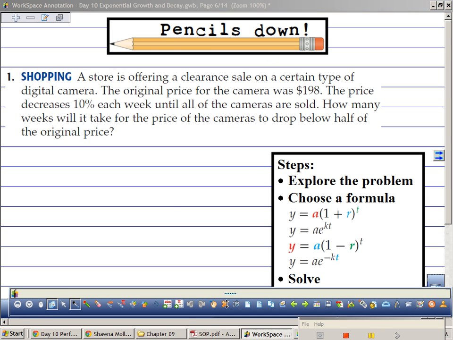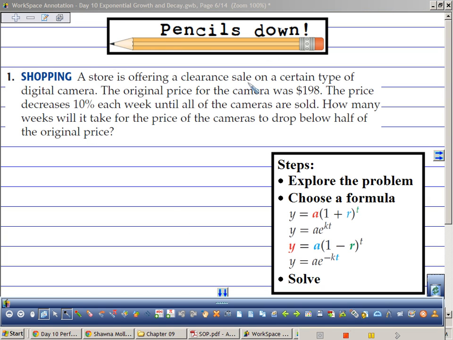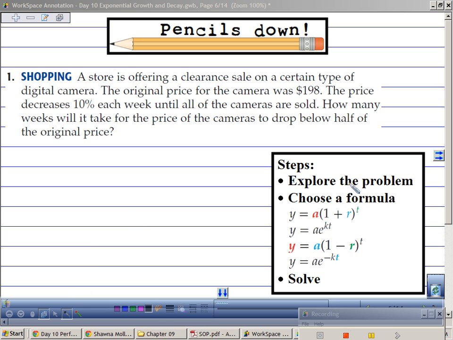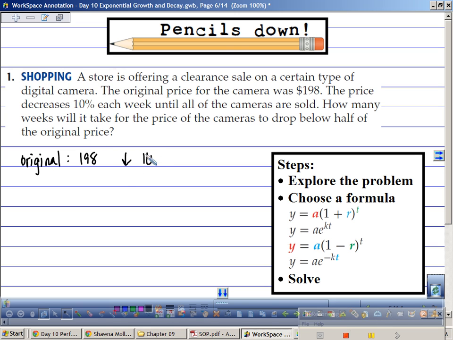Let me just set this one up for you. A store is offering a clearance sale on a certain type of digital camera. The original price for the camera, okay, so I'm going to explore the problem. They're talking about the original price is $198. The price decreases, we're talking about a decrease, at 10% each week until all the cameras are sold.